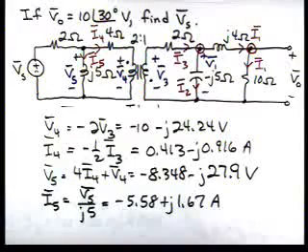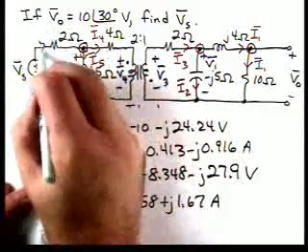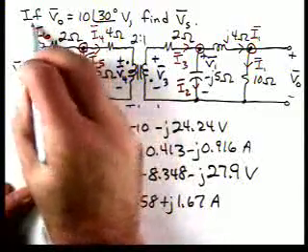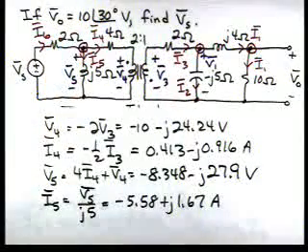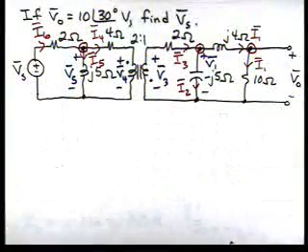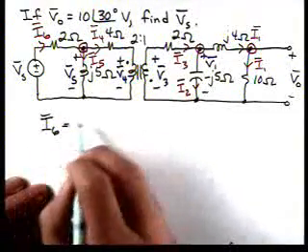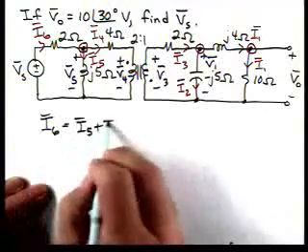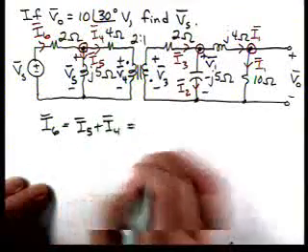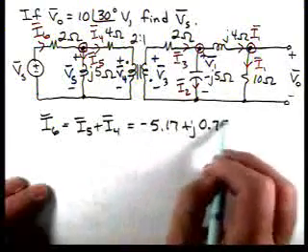Now, we can apply KCL and calculate a current I'll designate as I6. So, I6 is I5 plus I4, minus 5.17 plus J 0.75.